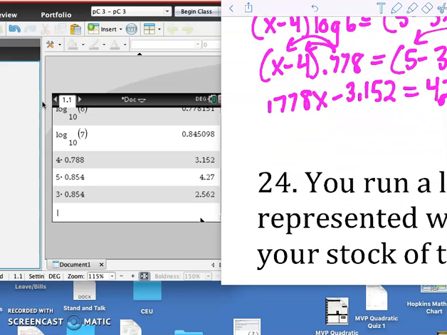So now we gotta solve, so I might minus 0.778x.